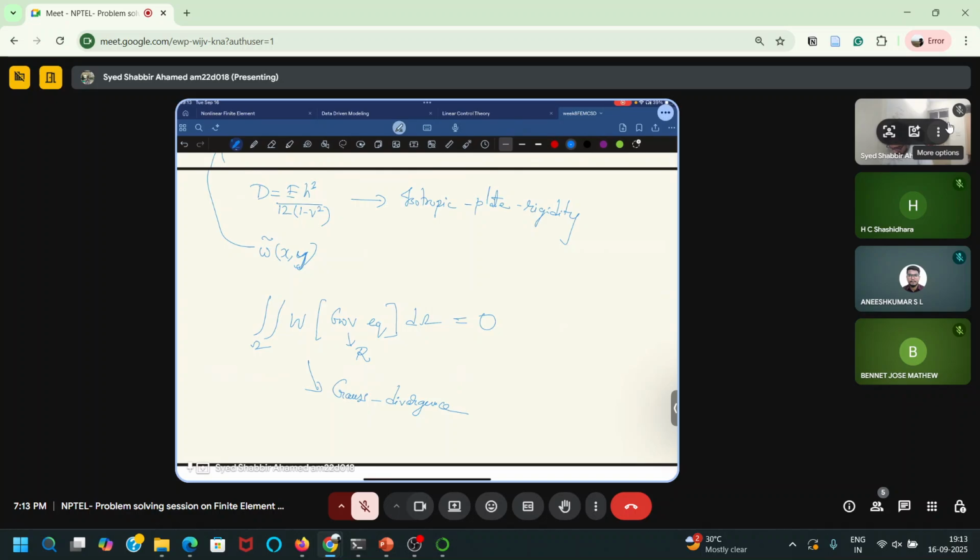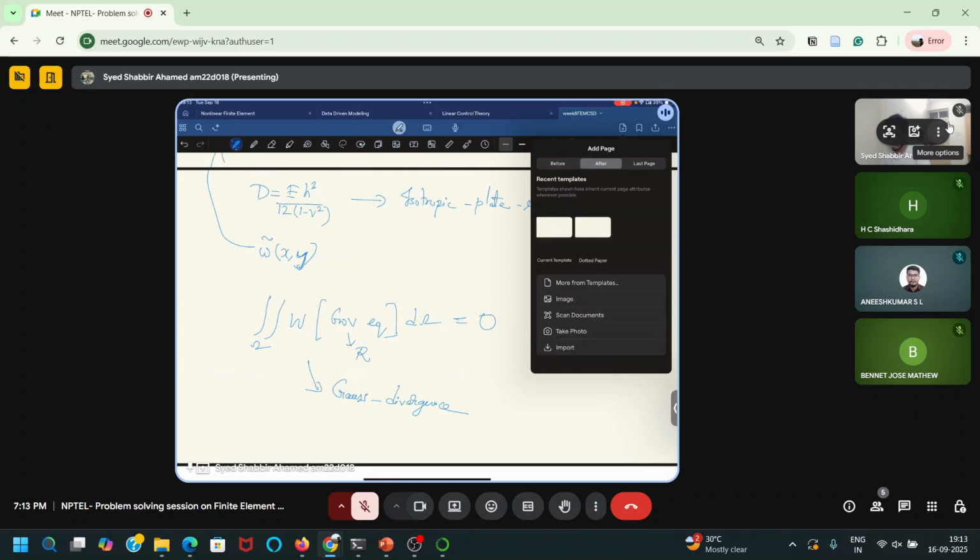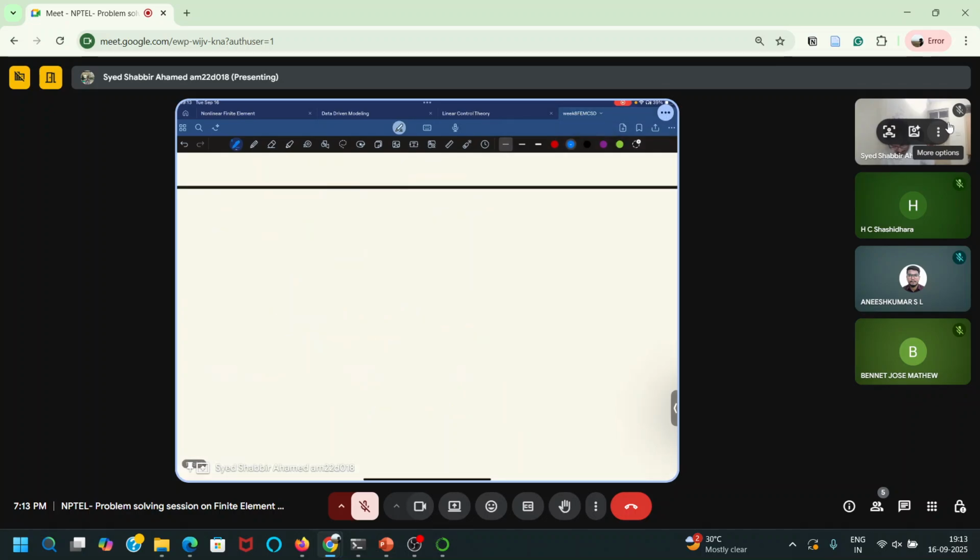Then finally we will get this kind of equations which we can use. We will get the finite element equations and also the boundary conditions that have to be satisfied. We already have looked into it. I'll just skip everything and write how my K will look like.